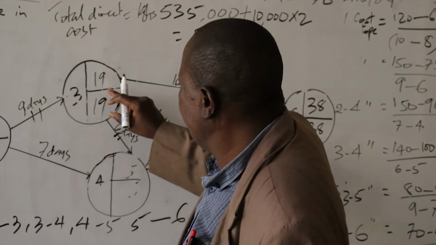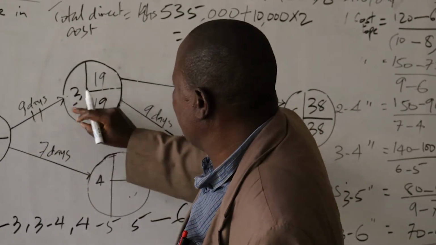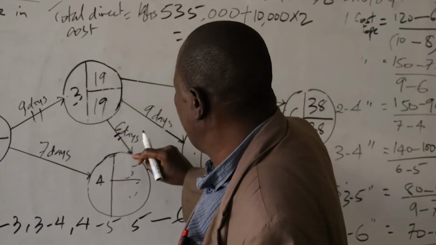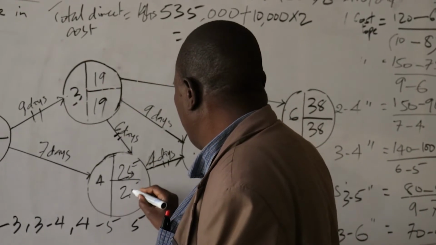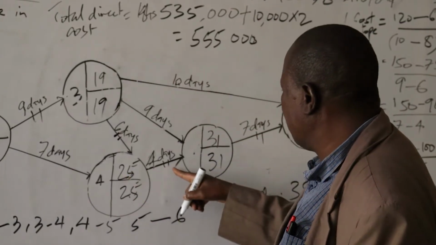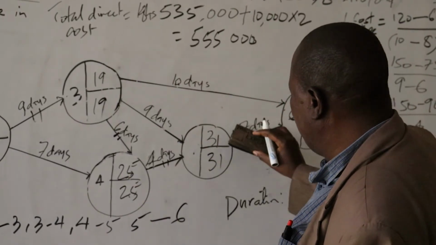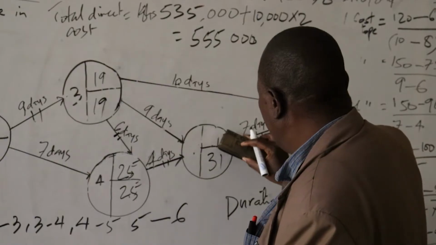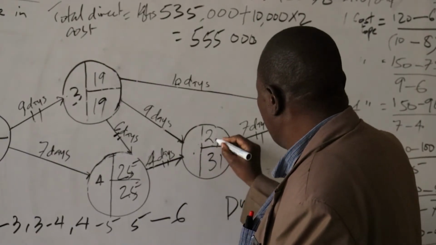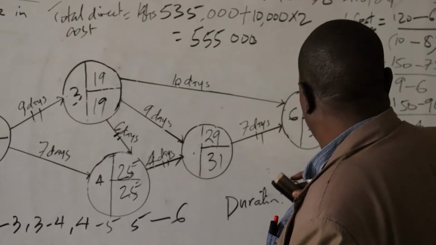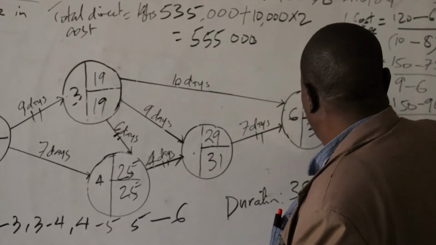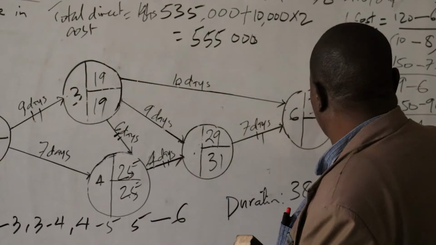So 9, that is 19. 19 plus 6 is 25. It remains 25. 25 plus 4 is 29. 29 plus 7 is 36.